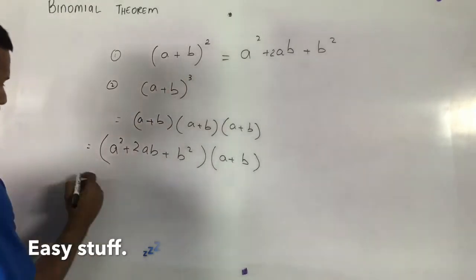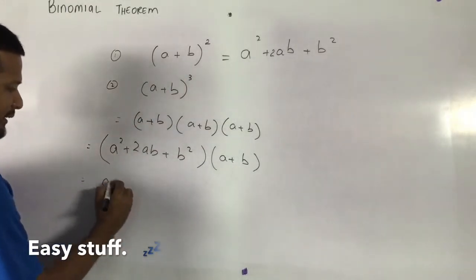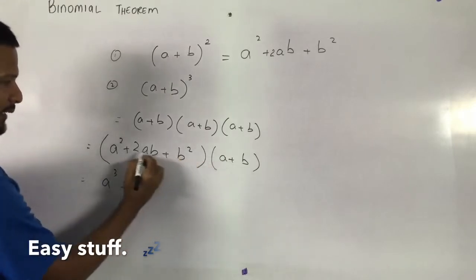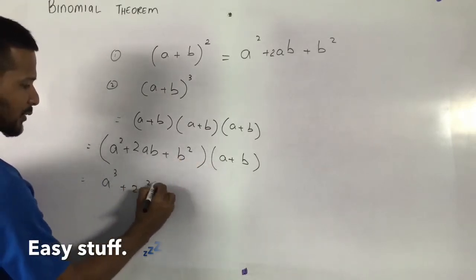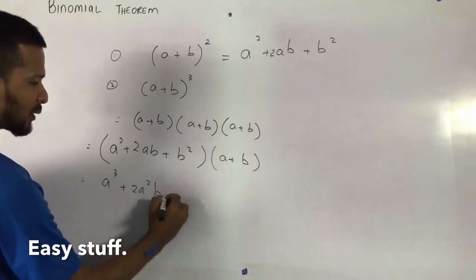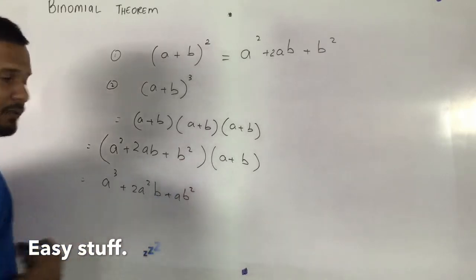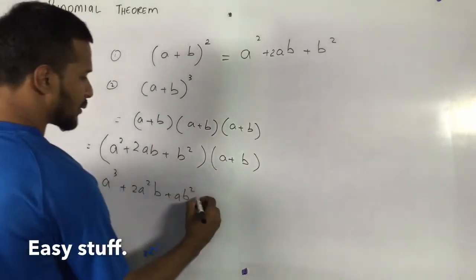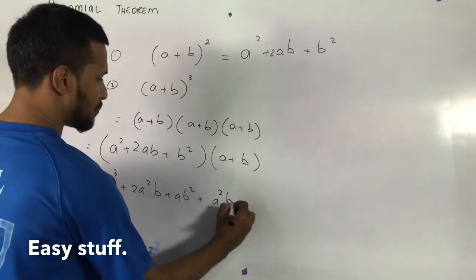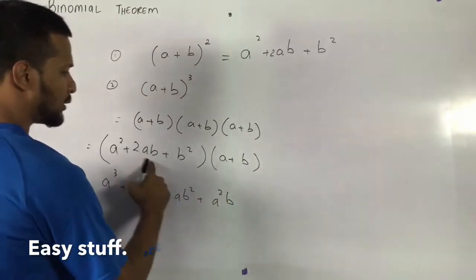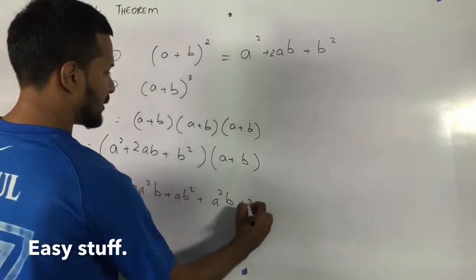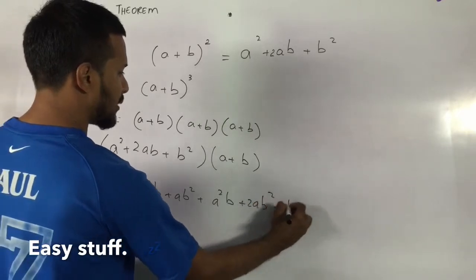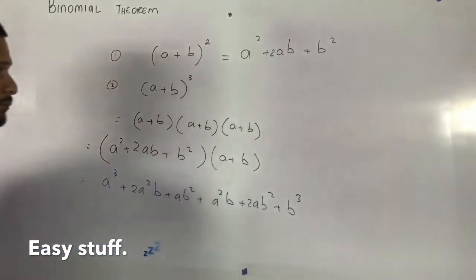Okay? So a by a squared is a cubed. a by 2ab is 2a squared b. a by b squared is ab squared. Do it again. b by a squared is a squared b. b by 2ab is 2ab squared, plus b cubed.